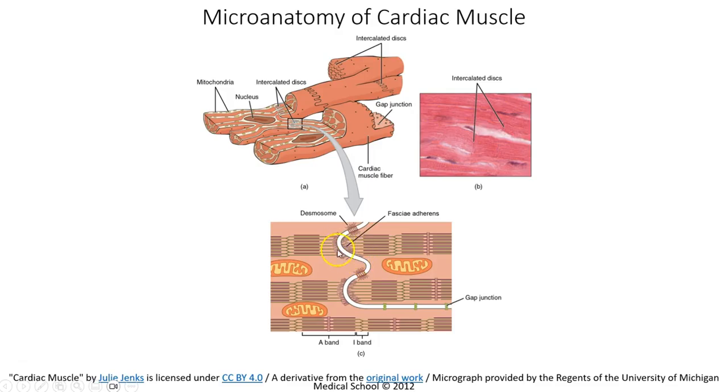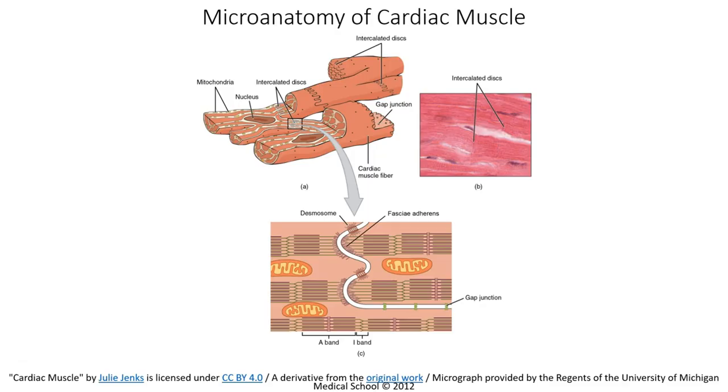So these kind of finger-like projections. And then we also have some gap junctions that you can see here indicated in green. So these are all connections between the sarcolemma of different cardiac muscle cells, and they've all got their own special jobs.